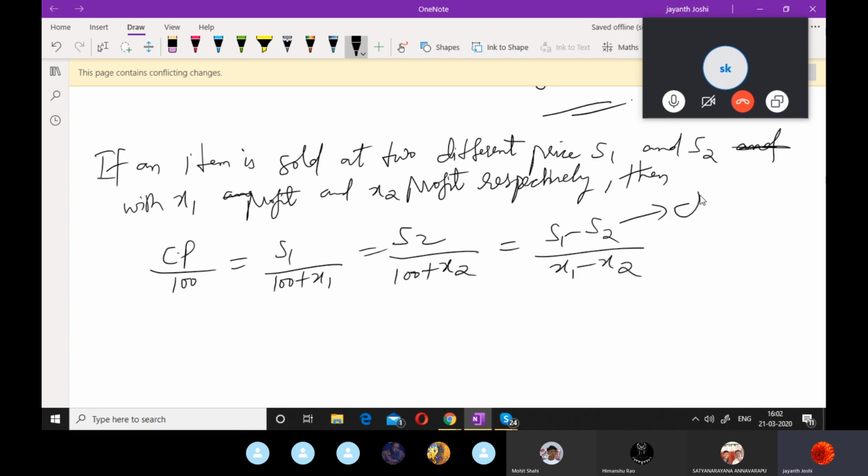So this is nothing but change in selling price, and this is change in profits.